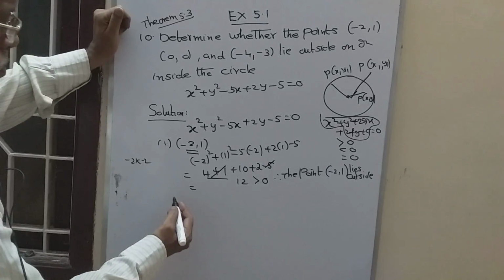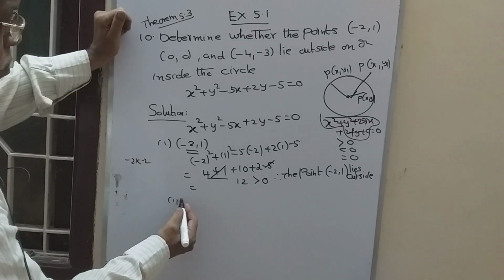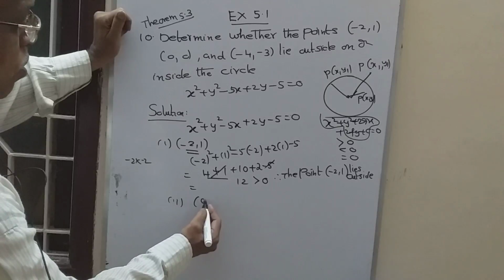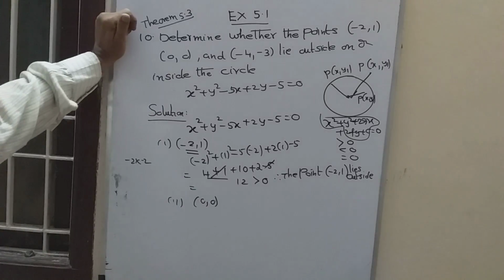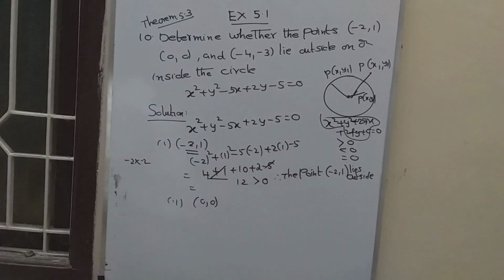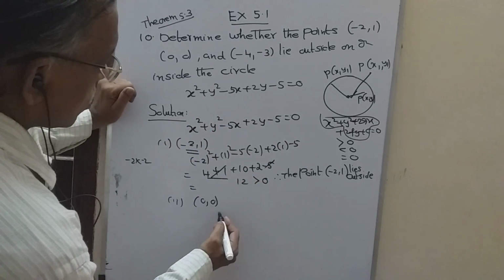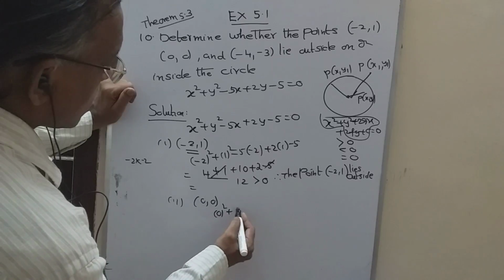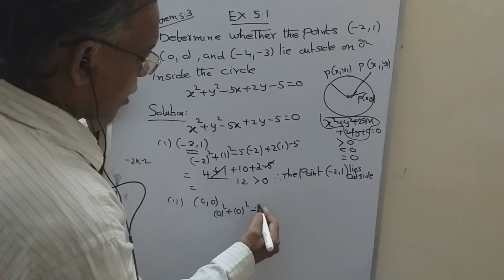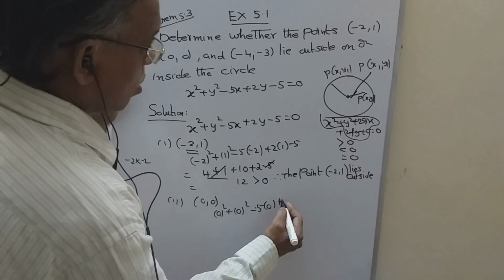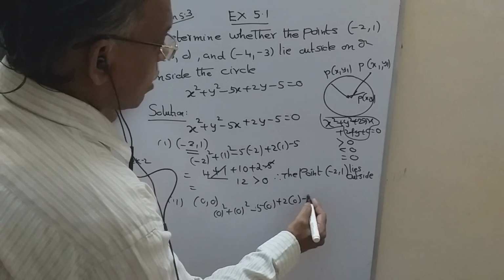The second point is what? (0, 0). Very simple, because x and y are 0, we will come to know here itself. So it becomes 0 square plus 0 square minus 5 into 0 plus 2 into 0 minus 5.